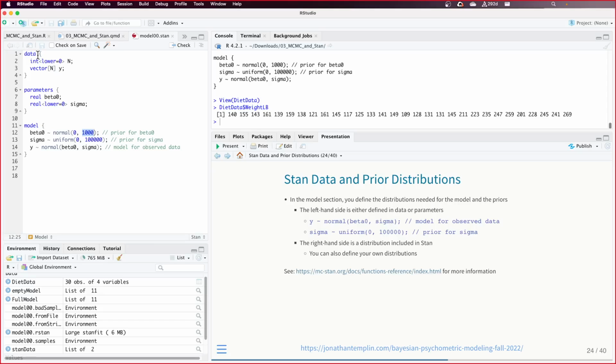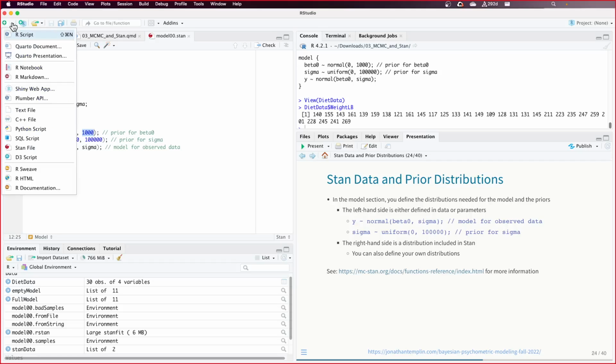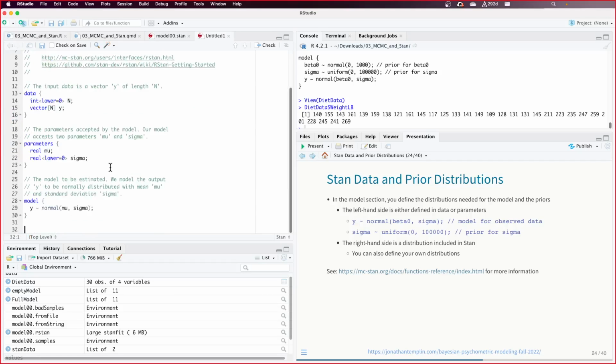If you notice the Stan code that I created when I asked it to give me a Stan file, they don't actually put the prior distributions in the model. So by default, if you don't specify a prior, what Stan does is give you what it calls an improper prior, although I don't necessarily think it's improper when you think of the computing language.